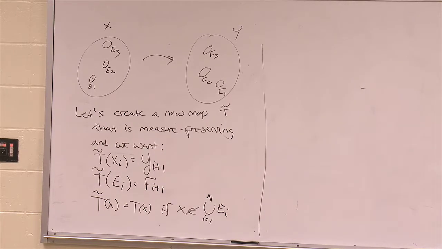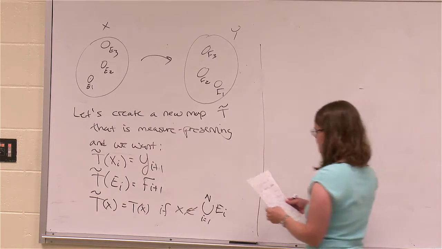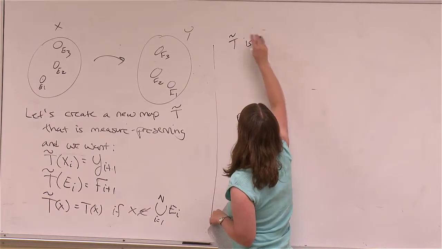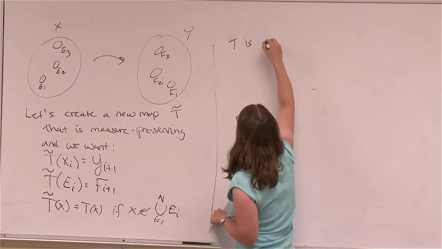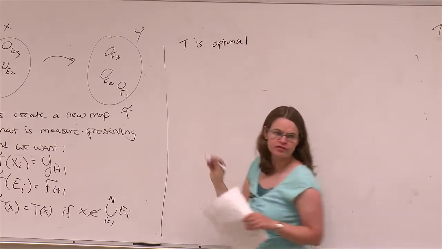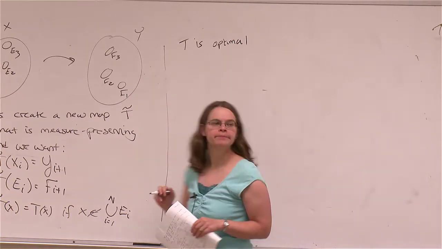Again, not much has changed from one dimension. We have a new mapping. It's not going to be better, right? We're not going to get a lower cost with this. The original map T is optimal. By permuting things, I could have kept the cost the same, but I certainly haven't brought the cost down.